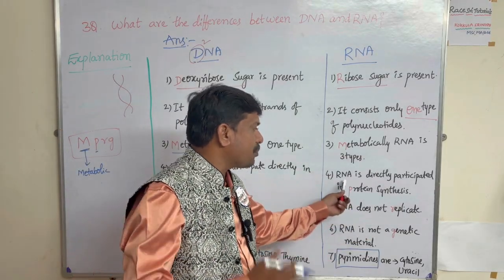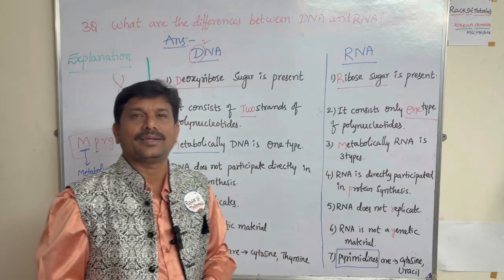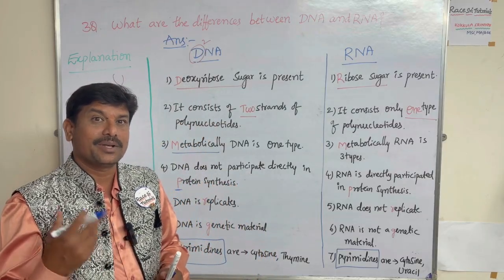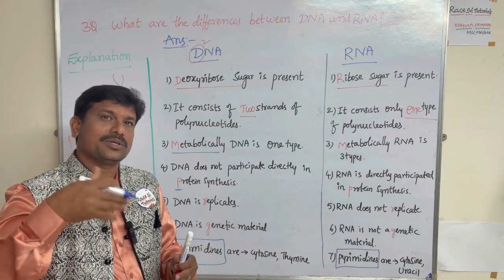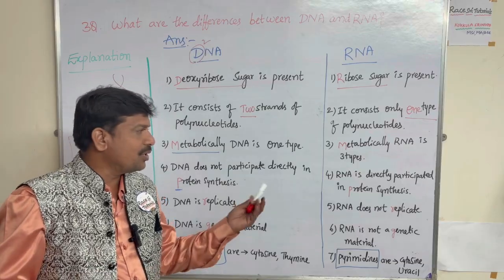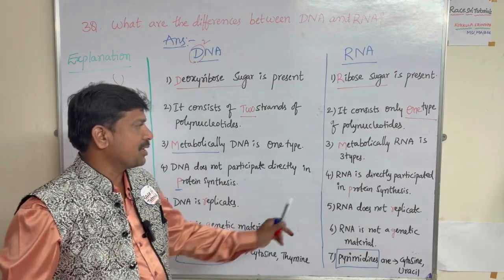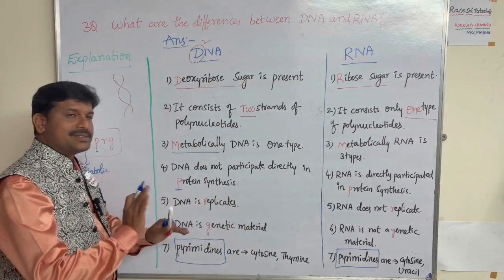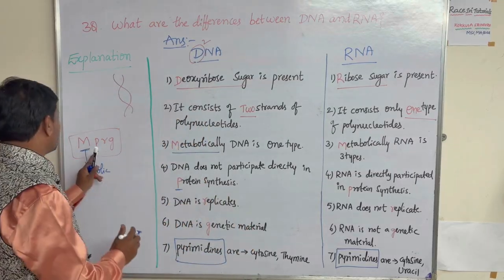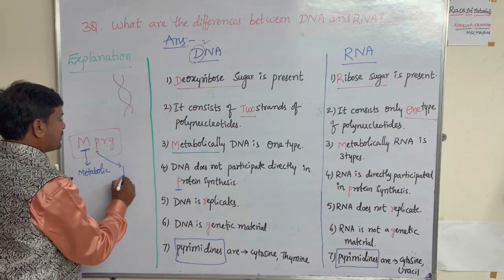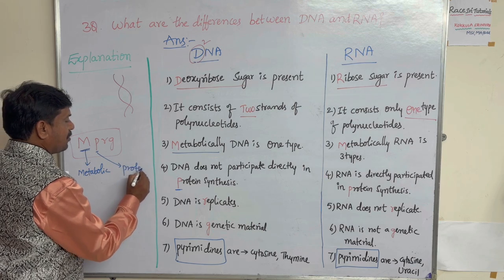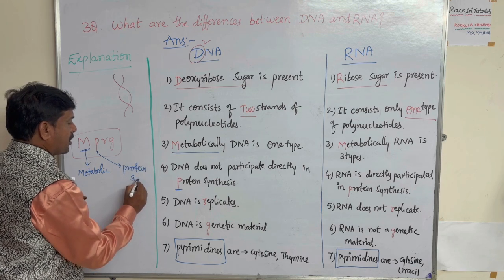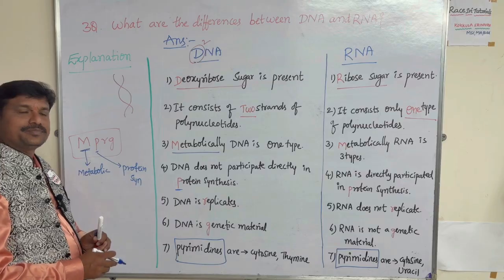In that, RNA polymerase is very important, which we are going to discuss at NEET level. It is only for IPE, no? So simply I am going to say RNA directly participates in protein synthesis and DNA does not. So P is protein synthesis. That's it.